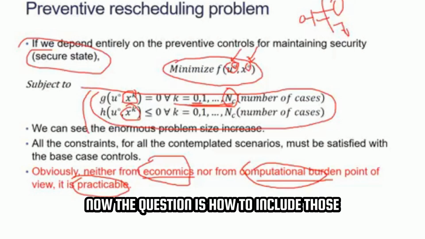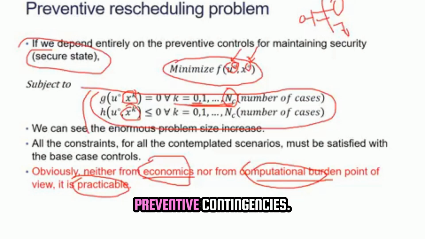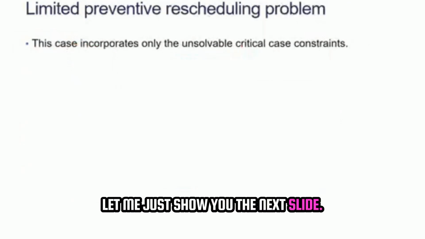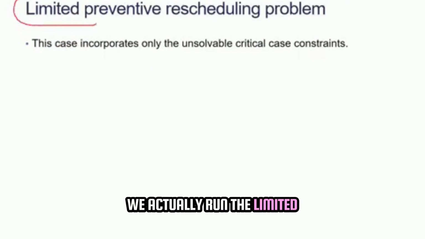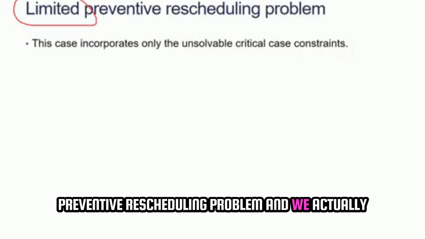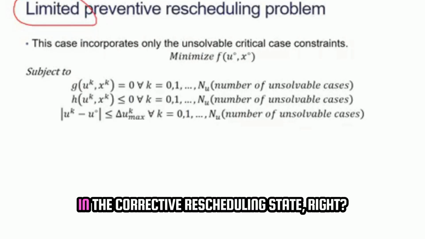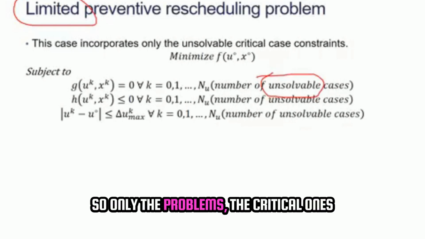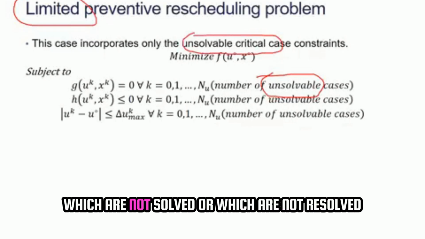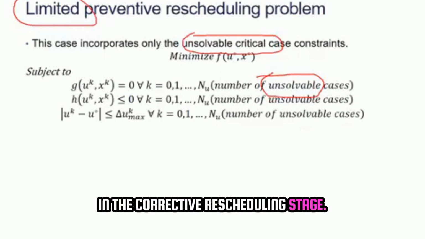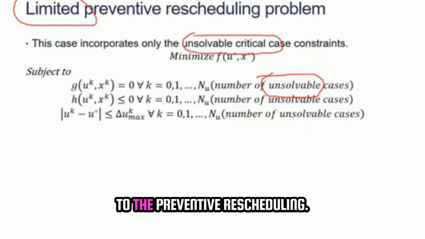Now the question is how to include those preventive contingencies. Let me just show you the next slide. We run the limited preventive rescheduling problem, and we include only the contingencies which are unsolvable in the corrective rescheduling state. Only the critical ones which are not resolved in the corrective rescheduling stage are taken to the preventive rescheduling, as we saw in the flow chart.